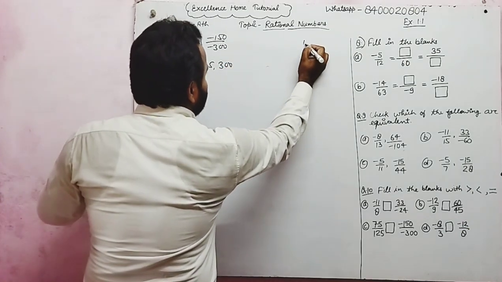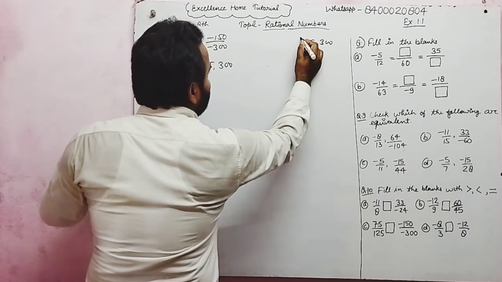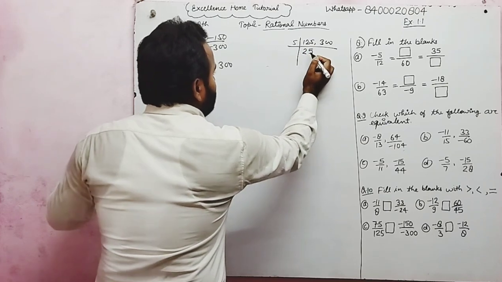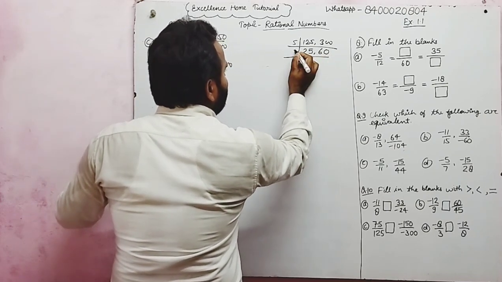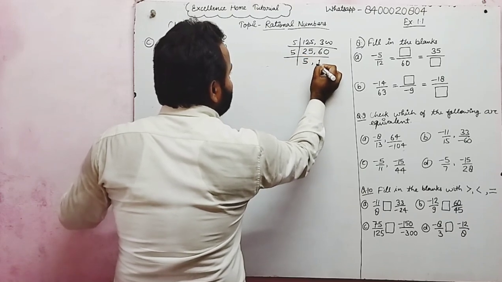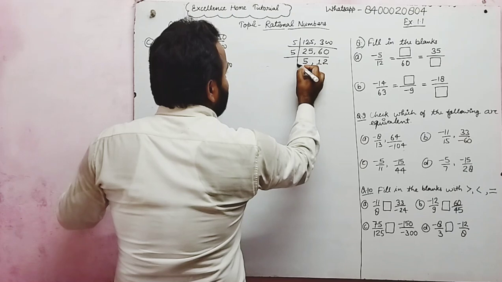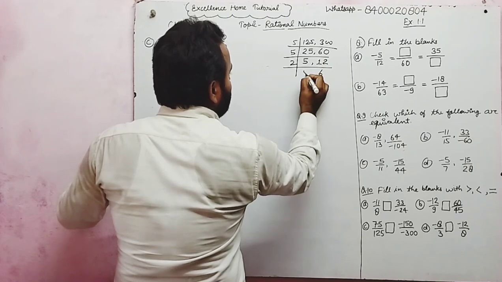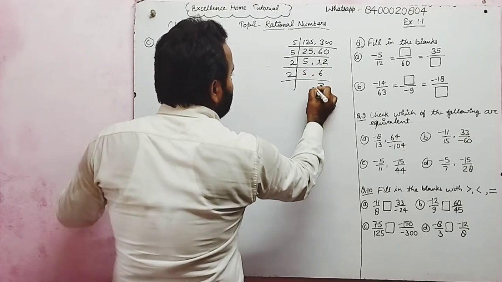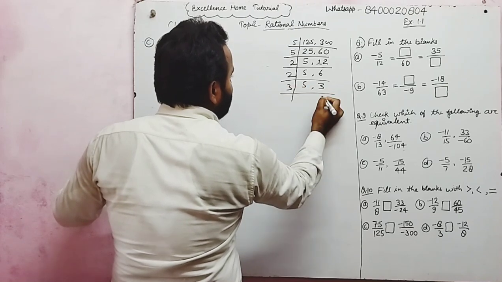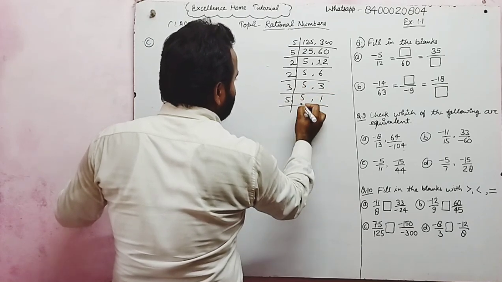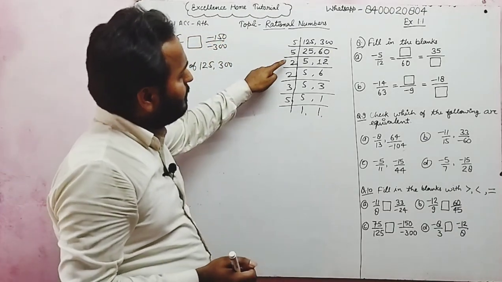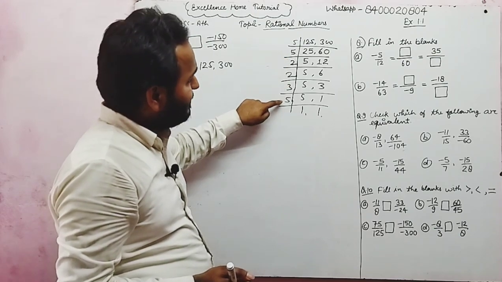Okay, so let's take the LCM. Divide by 5: 125 becomes 25, 300 becomes 60... The rule of LCM is, first of all you have to divide by 2, after that 3, after that 5.